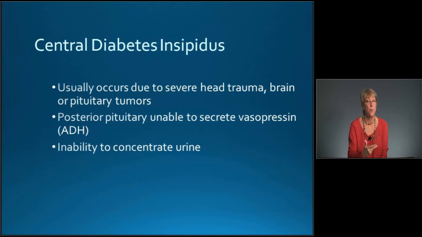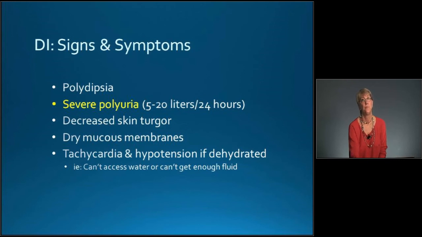The thing that you see with your patients who are developing DI when you're doing your assessments is that they're peeing. I mean, they are putting out volume, mega volume in urine, and that urine is crystal clear. They are unable to concentrate their urine. So of course, putting out all this urine, they're going to become dehydrated, right? So they are going to be thirsty.